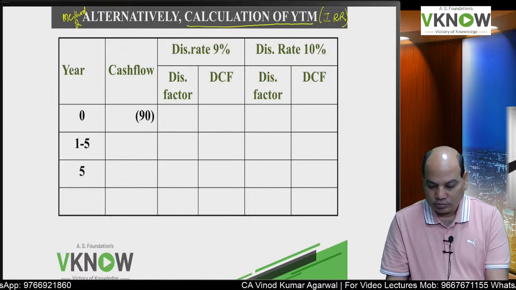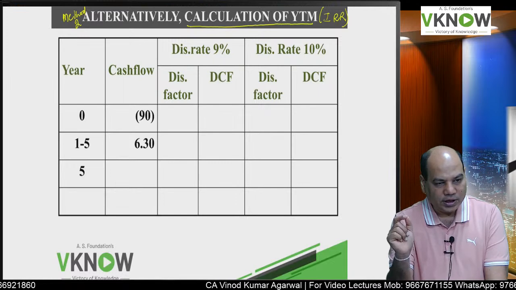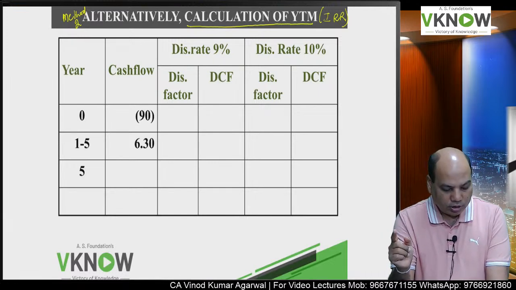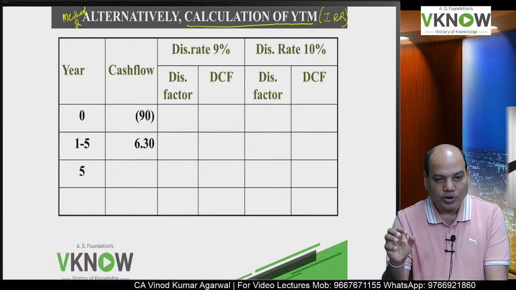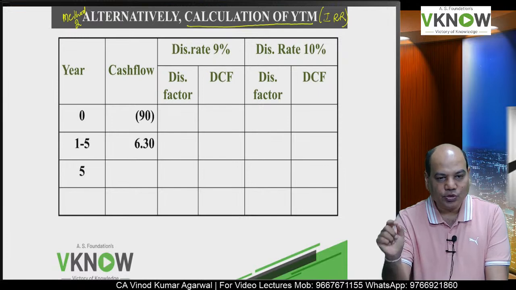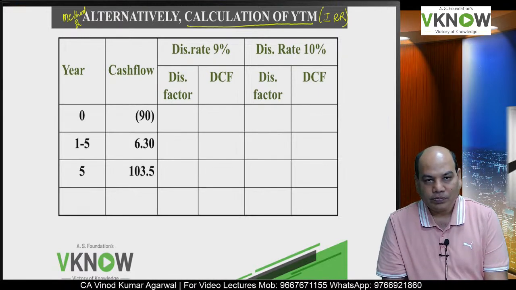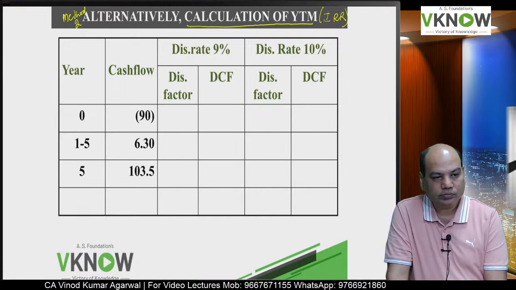Cash flow, write down. Year 0, you have to invest 90 rupees. Years 1 to 5, you will get interest of 9 rupees, you will pay tax of 30%, so your cash flow will be 6.30, and in the last year your net redemption value is 103.50.